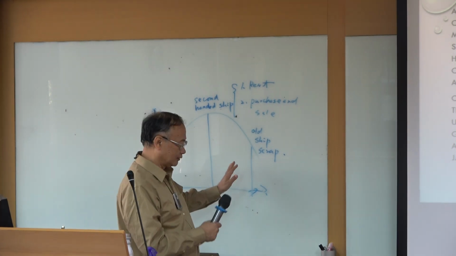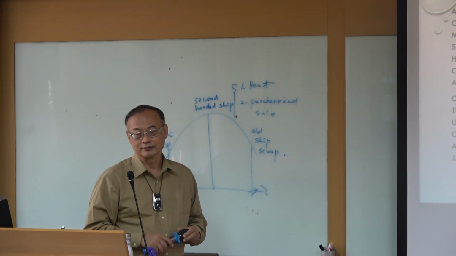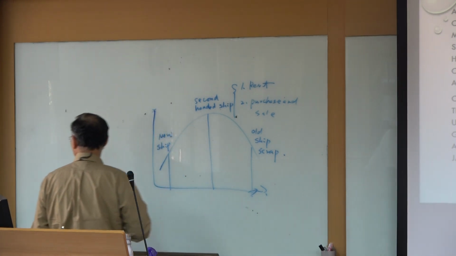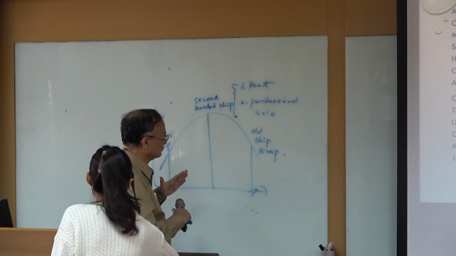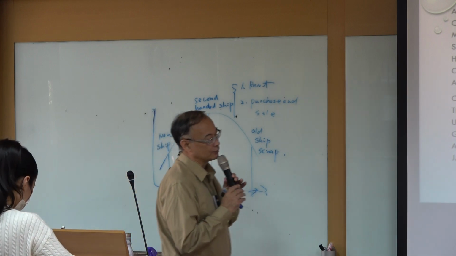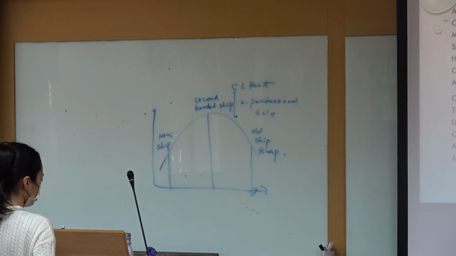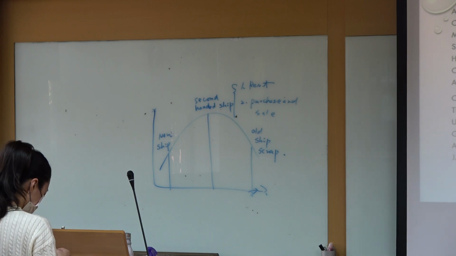issues. Another thing is, if you have an old ship, you scrap it. Normally the ship age is 30 years.